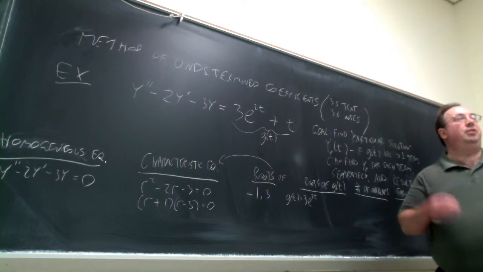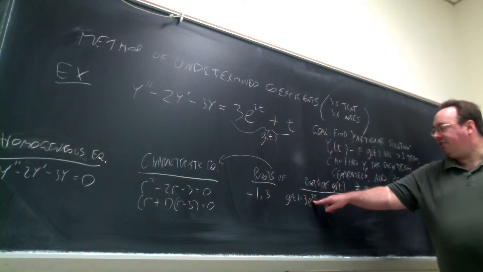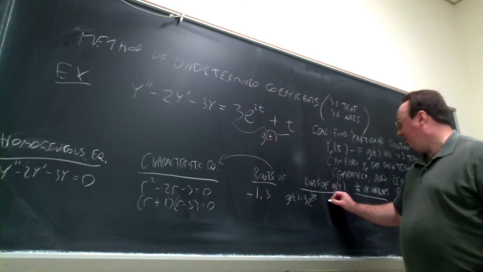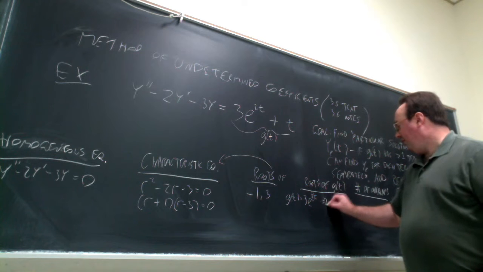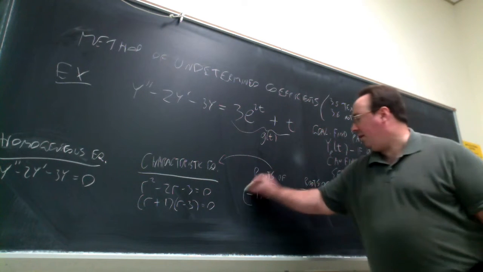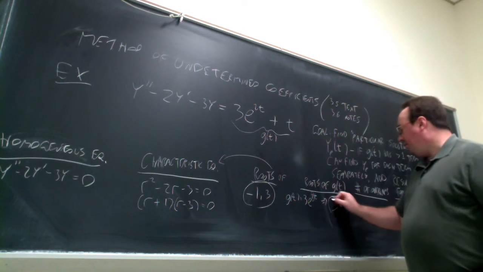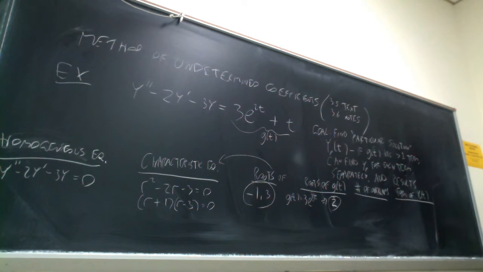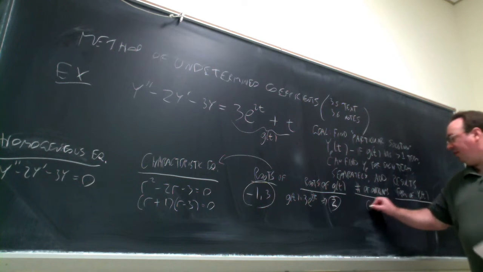That tells you you're dealing with a real root. The constant here tells you what the root is. So the root is 2. So we're comparing this root of 2 with these roots over here, minus 1 and 3. Well, there are no matches. So there are no overlaps.